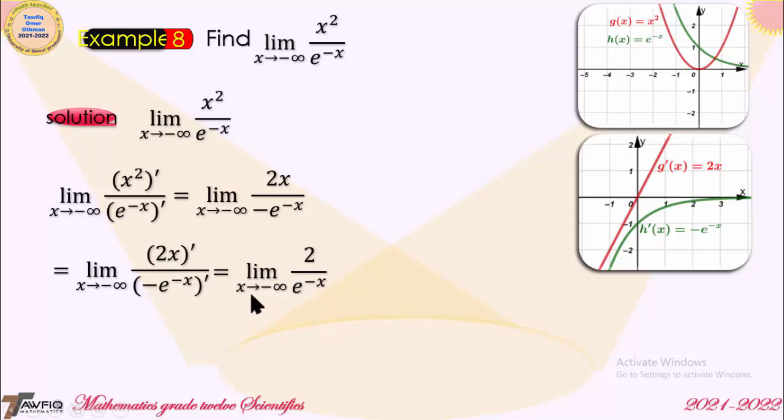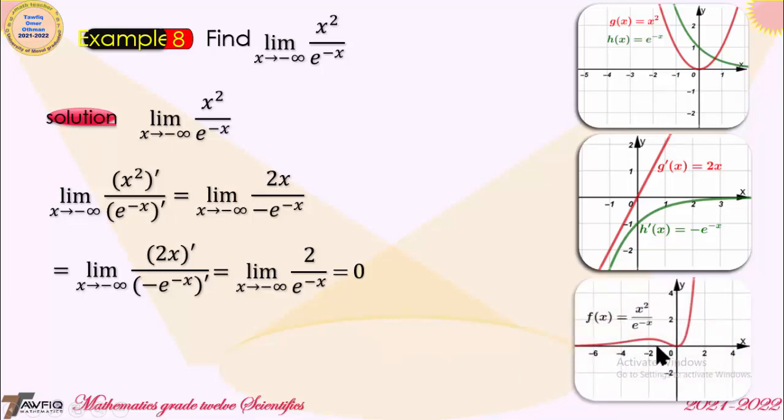As you can see, the limit when x approaches minus infinity of 2 over e to the power minus x: 2 is constant and here is a variable, therefore 0. As you can see here, when x approaches negative infinity, x squared over e to the power minus x goes to 0.